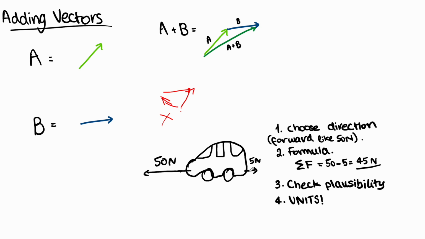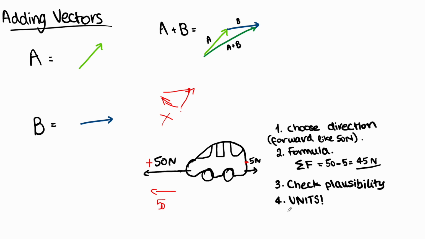So the first step in doing this is to choose a direction to compare all the other forces to. In this case, I would choose the forward direction like this. So 50 here is positive. But then, since the 5 newtons here is in the opposite direction, this would be minus 5.